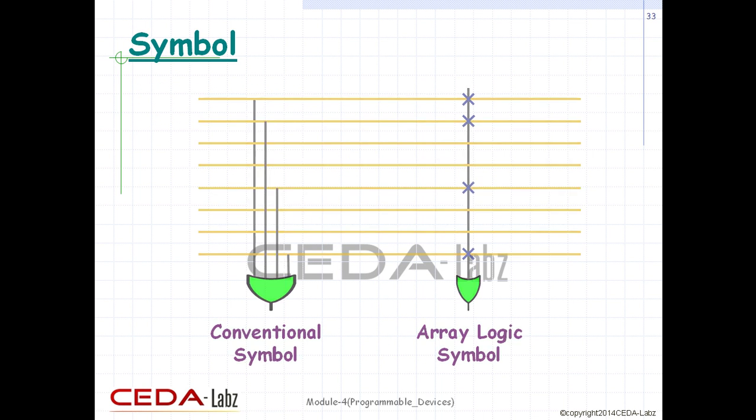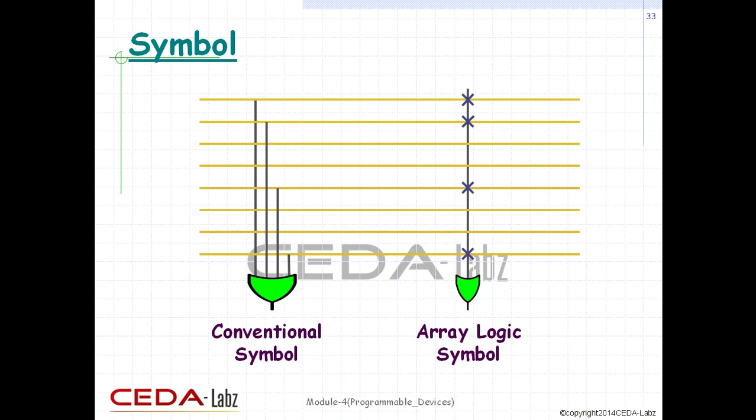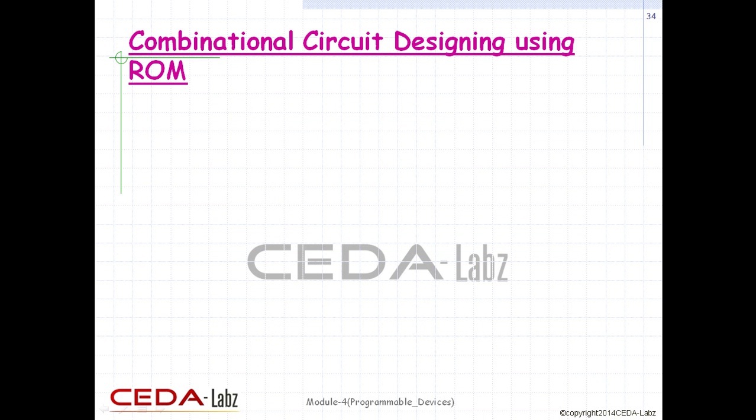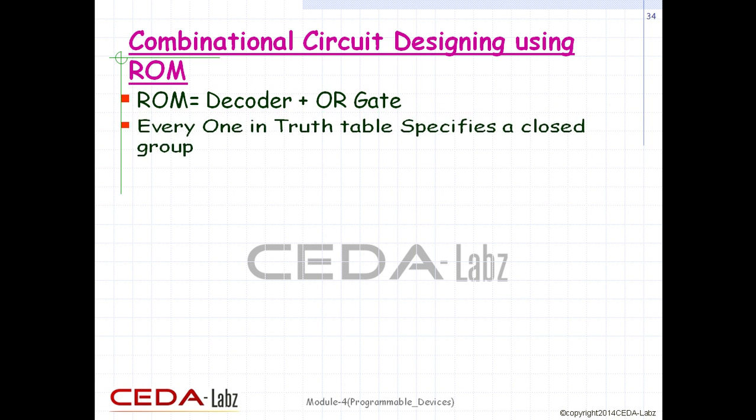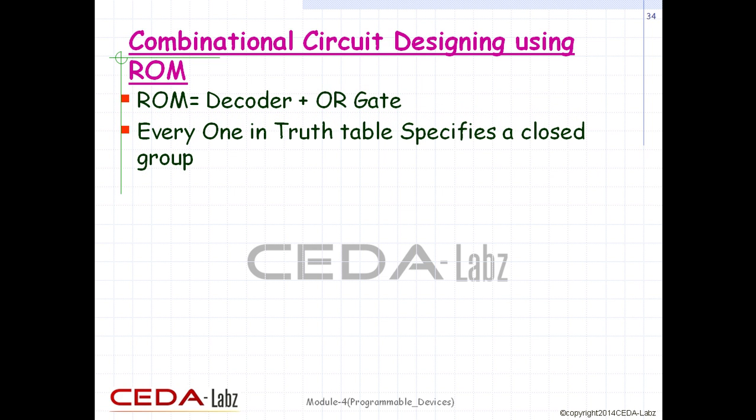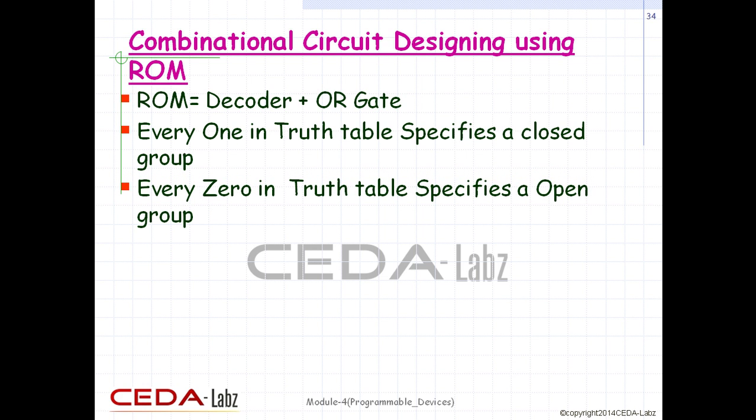In this slide, two symbols are shown in the figure, which are related to ROM. One is the conventional and the other one is the array logic symbol of ROM. A ROM circuit consists of a decoder and OR gates. For implementation of ROM, we need a truth table as an input. In the truth table, 1 represents the connection, and 0 represents the open port.